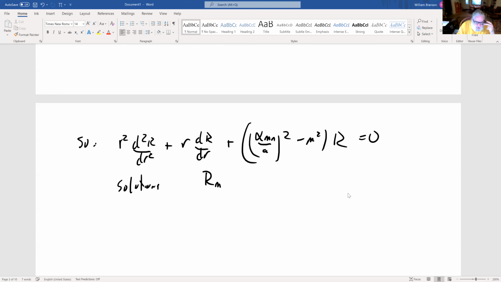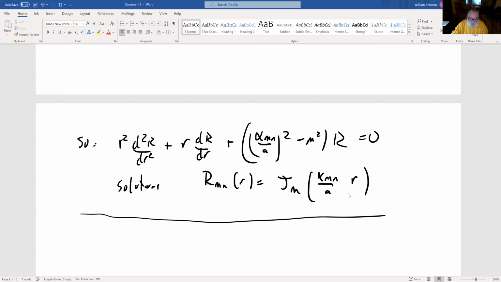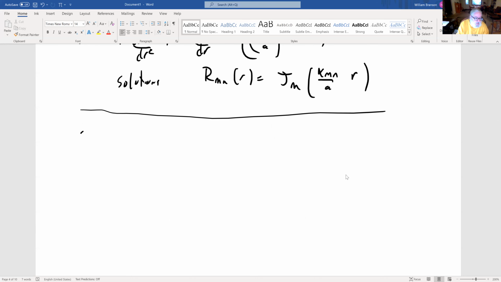with solutions that depend on m and n. So it's the mth Bessel function, and so there's our solutions for R. And then finally, we have the equation for T, which was d squared T dt squared plus c squared K1 T equals 0.